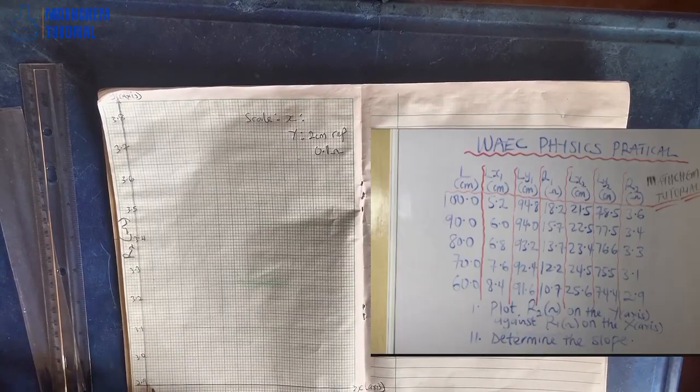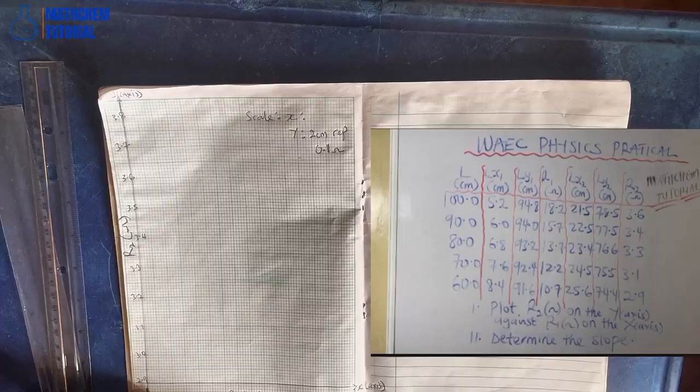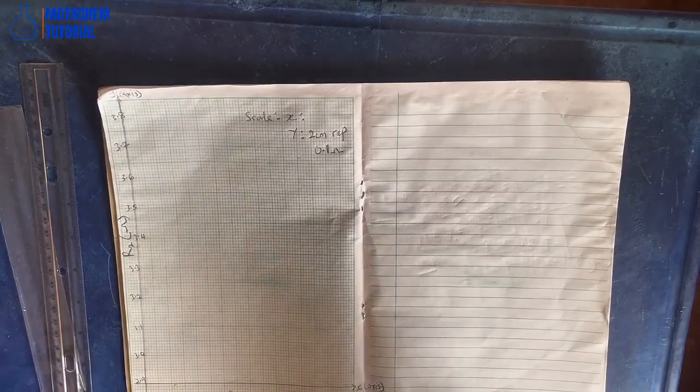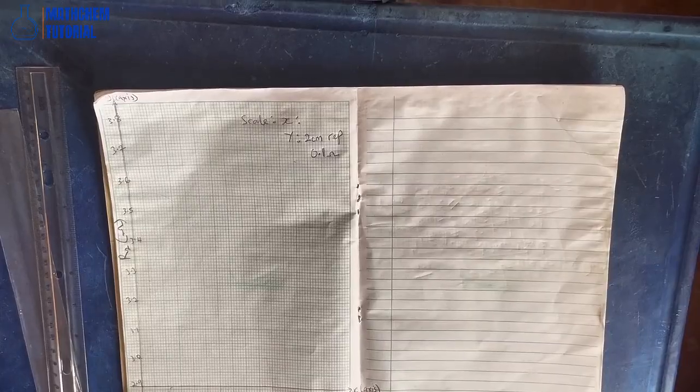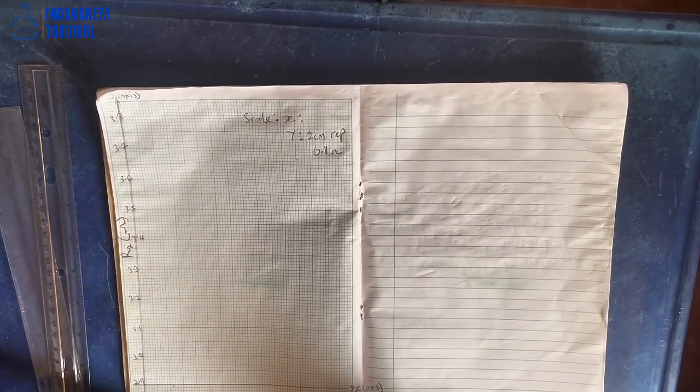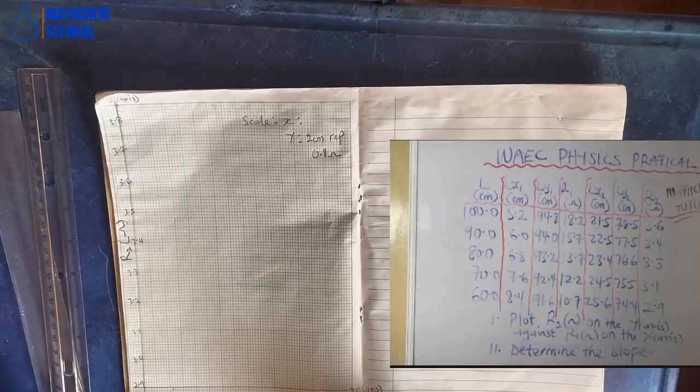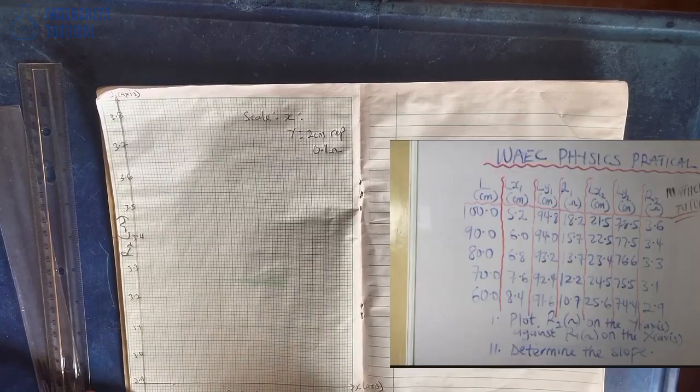Let me assume I'm starting from here as my 10: 10, 11, 12, 13, 14, 15, 16, 17, 18. Can you see it work? It doesn't work out, because I need 18.2 here.